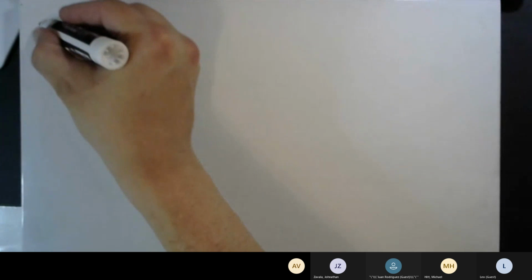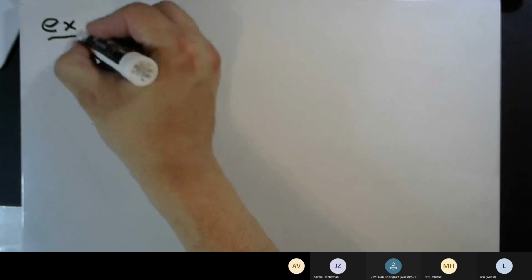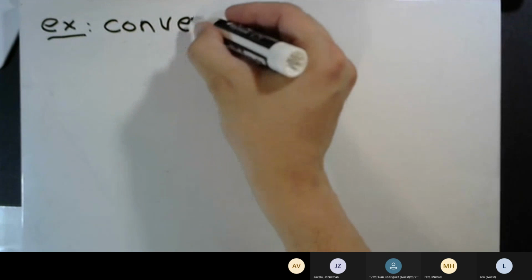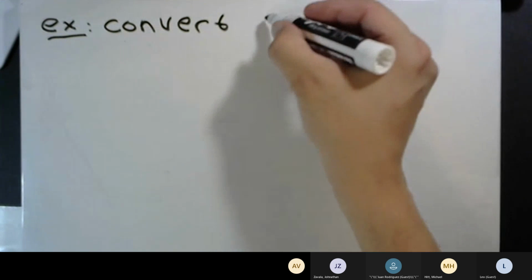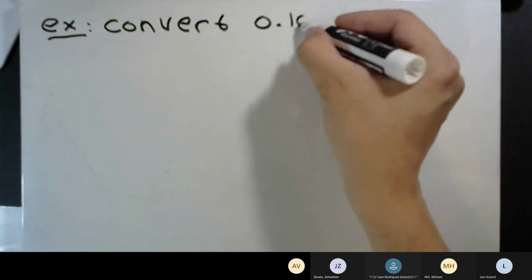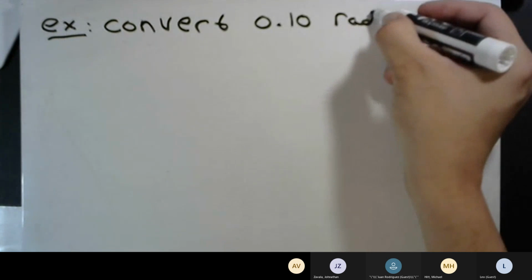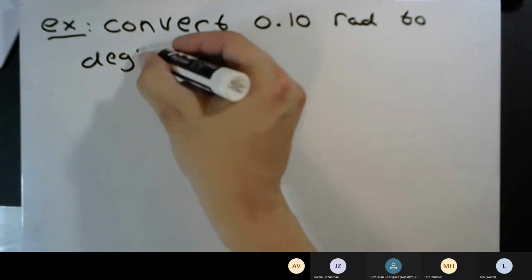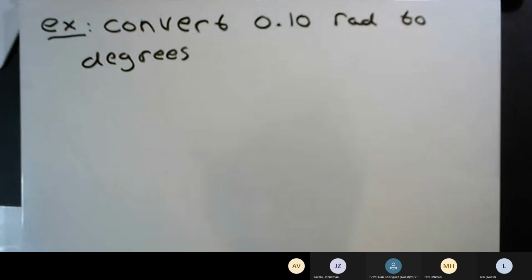So you might have to go the other way. Let's say we're going to convert 0.10 radians.